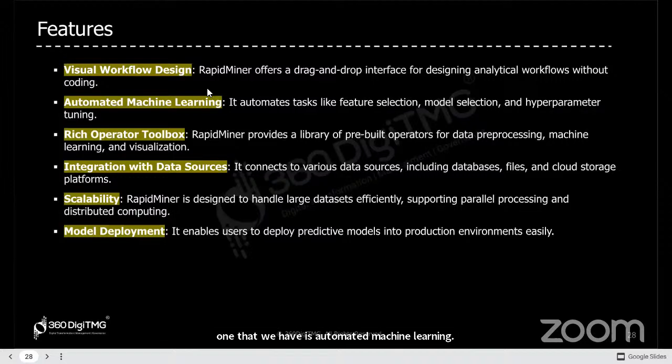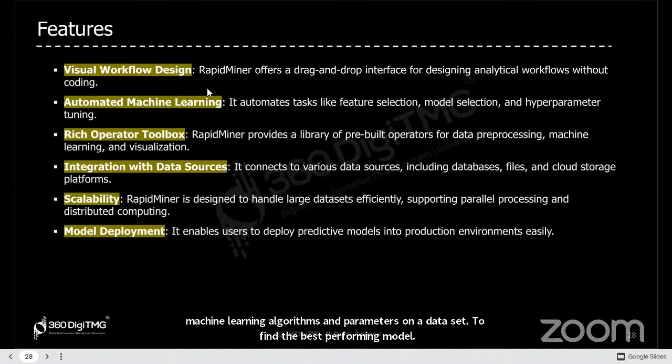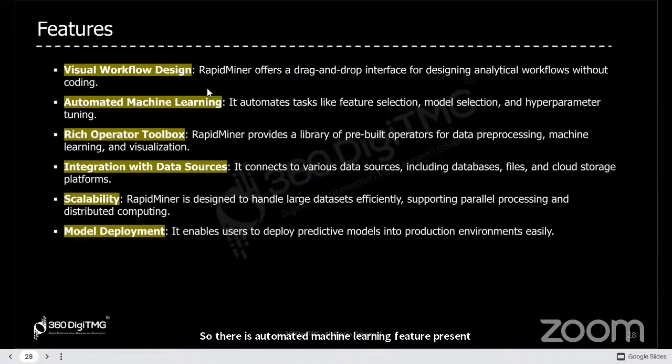RapidMiner automates various tasks like feature selection, model selection, and hyperparameter tuning. RapidMiner will automatically test different machine learning algorithms and parameters on a data set to find the best performing model. We'll see how it works when we start working on RapidMiner.